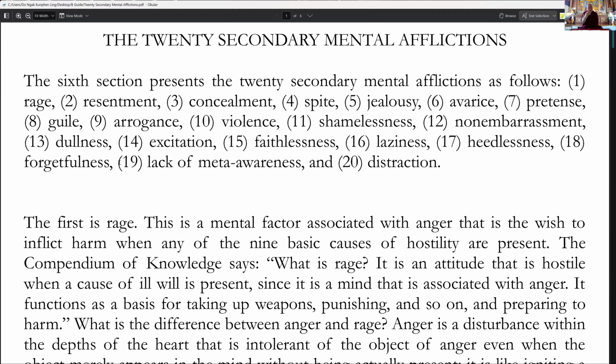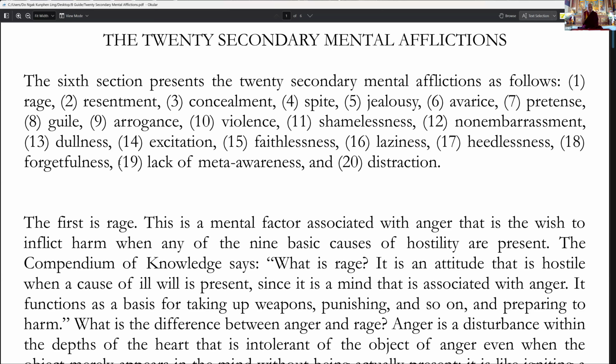But if I make it clearer which secondary minds or root minds bring completely non-virtuous actions, and which mental afflictions could bring neutral actions: let's say rage, resentment, concealment, spite, jealousy, avarice or stinginess, violence, shamelessness, non-embarrassment, and distraction.